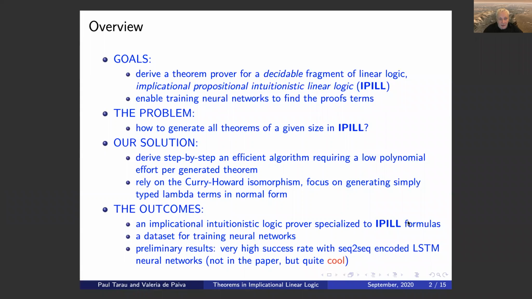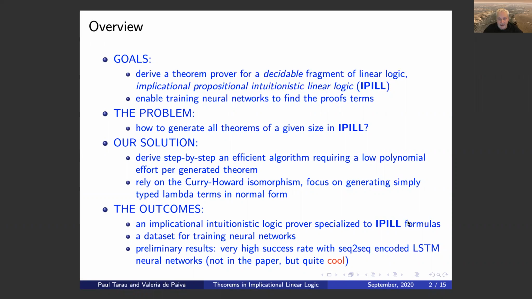So our goals are to derive a theorem prover for a decidable fragment of linear logic, and that's implicational propositional intuitionistic linear logic.